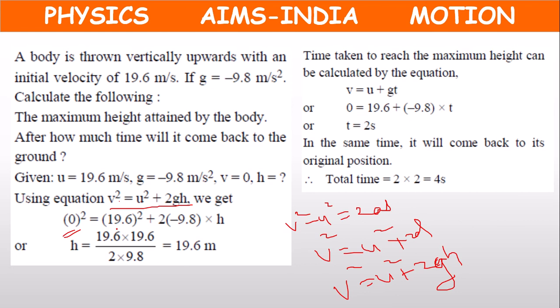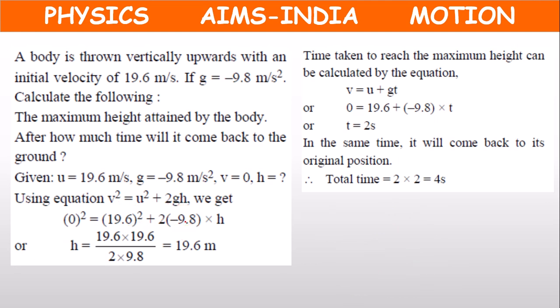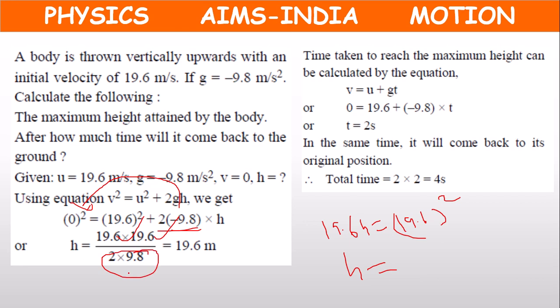V is 0, U is 19.6, 2 into minus 9.8 into H. 2 into minus 9.8 will become minus 19.6. If it goes towards left hand side, we will get 19.6 H equal to 19.6 whole square, or H equal to 19.6 into 19.6 by 19.6. One 19.6 cancels, another 19.6 will remain. So this is the maximum height.